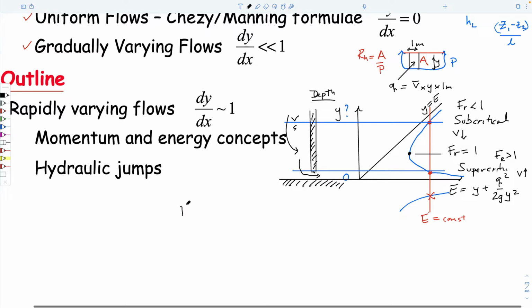And we'll remember that the Froude number, I'm never sure how to pronounce it, is the flow velocity in the system divided by the square root of gravity times the depth. And you'll remember that this is the speed of the wave, the celerity wave speed, compared to the speed at which the flow is going.